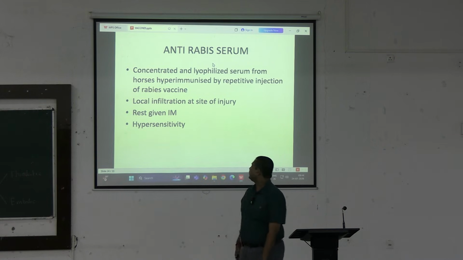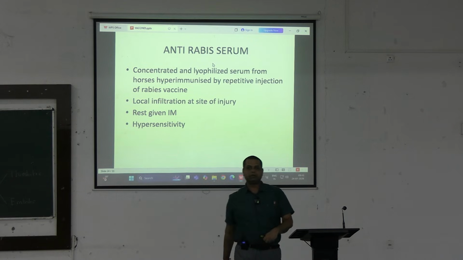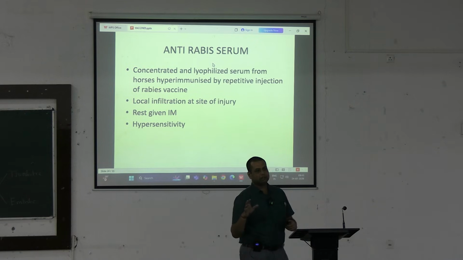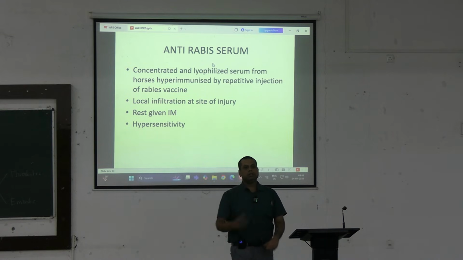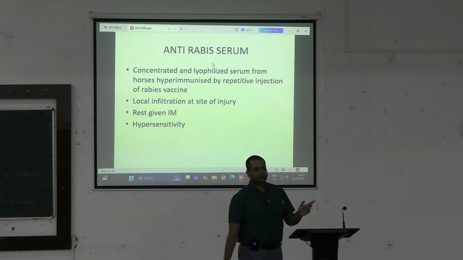Local infiltration at the site of injury, where the bite has taken place, and the rest you give IM. Nowadays it is recommended that the entire immunoglobulin dose is given at the site of injury rather than IM.